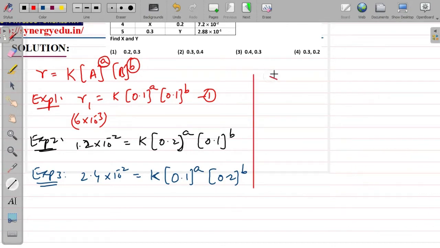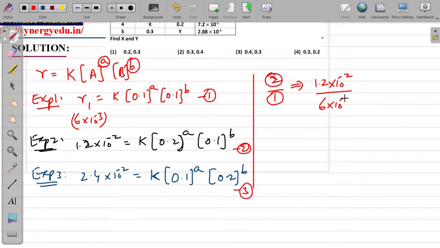Let's take the second experiment divided by the first experiment. Take the second equation and the first equation and divide them. Then what will you get? 1.2 into 10 power minus 2 divided by 6 into 10 power minus 3 is equal to K into 0.2 power a, 0.1 power b over K into 0.1 power a, 0.1 power b.